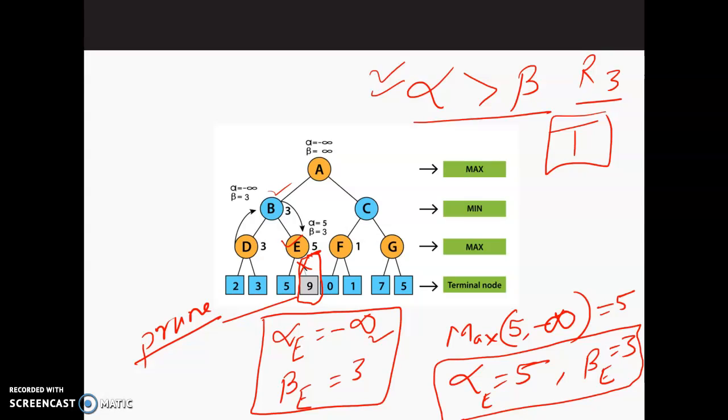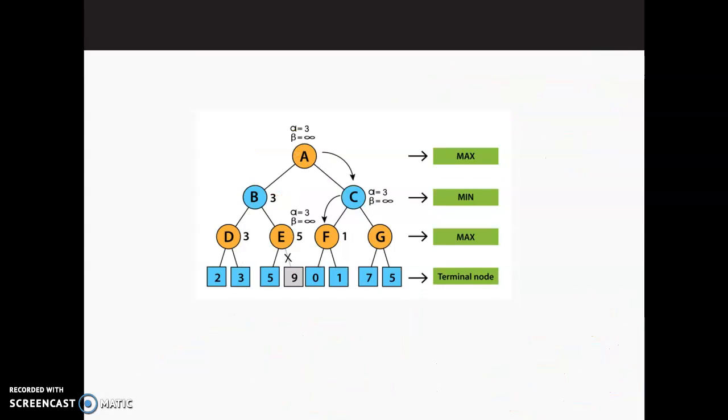And then after doing this, we'll move the value of alpha and beta to node A, and it will come from node B. What we'll get here, I have given in the next slide.